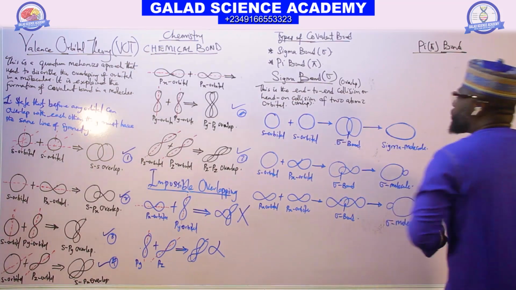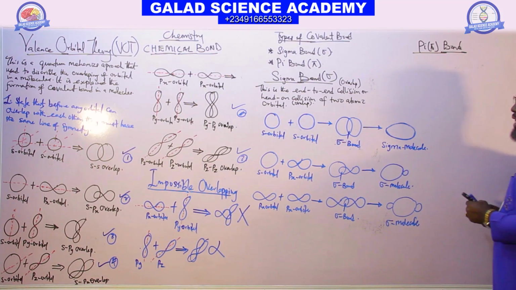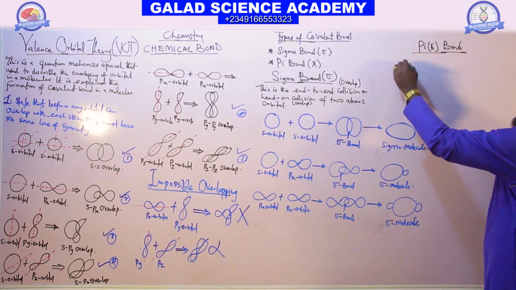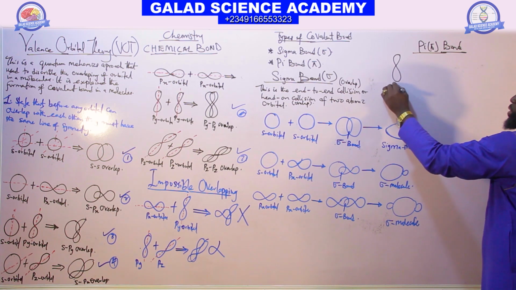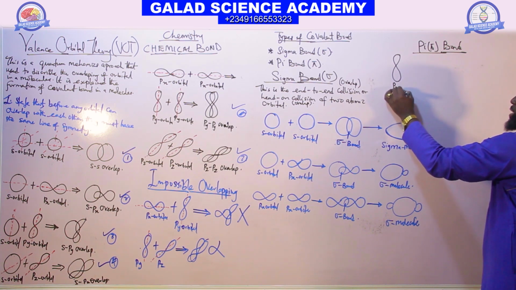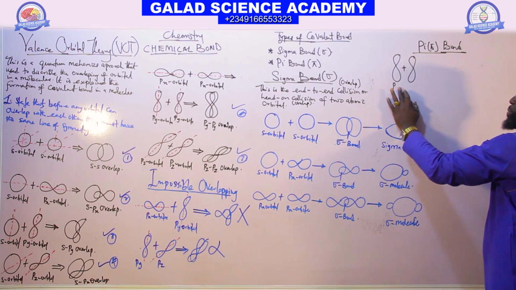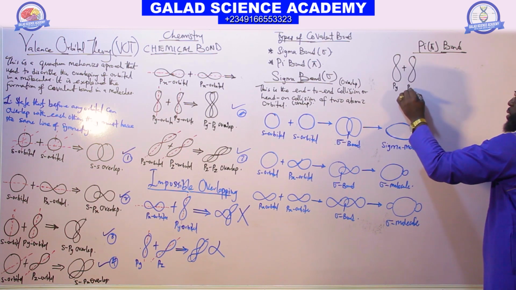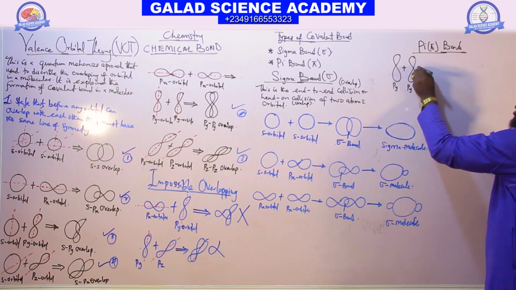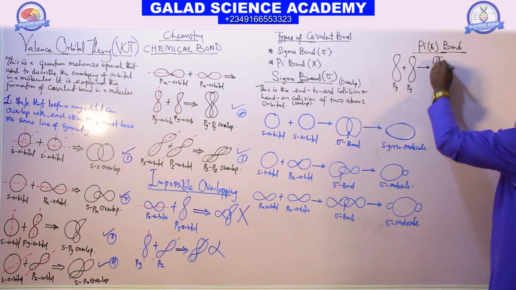There are two possible ways of formation of pi bond. Let us look at it. The first one is this: if we have py to overlap with py.